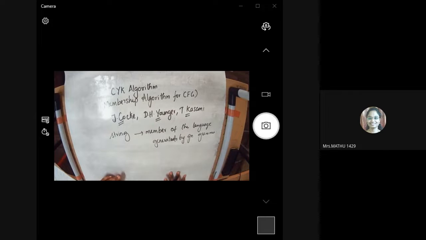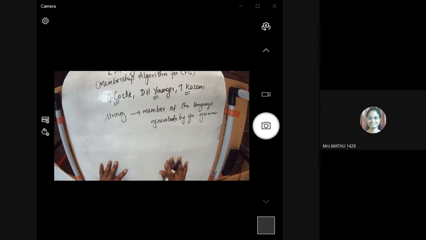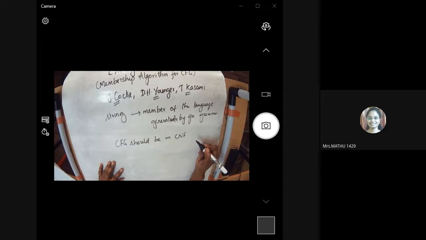The condition for this algorithm to work is that the context-free grammar should be in CNF form. I hope you remember what is CNF, right? Chomsky normal form. What does Chomsky normal form say? It should have exactly two variables on the right hand side, or it can have a single terminal.